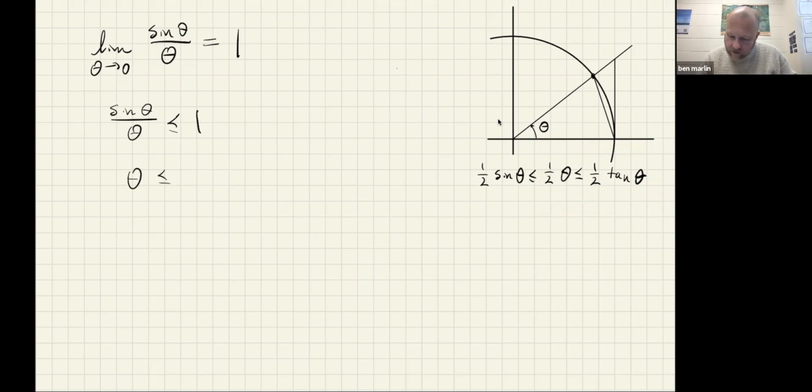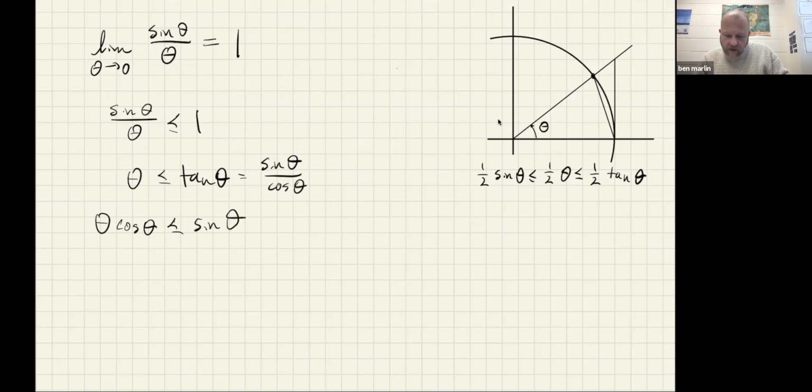and then if you look at that as being sine theta over cosine theta, then you could take and multiply both sides by cosine theta, and then divide both sides by the theta, and get this.